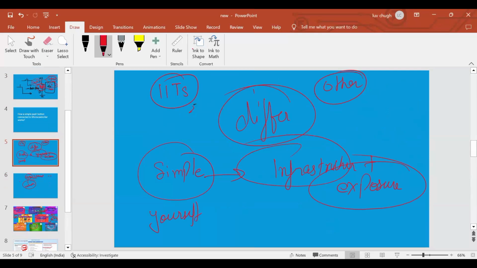But in IIT, what I have mentioned, the keyword infrastructure and exposure, the IITs buy themselves for their students. This is the only difference. In abroad, in the US, students explore, and definitely, my dear, if you do every experimentation, then only you will get the exposure.